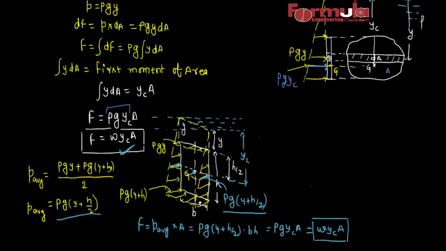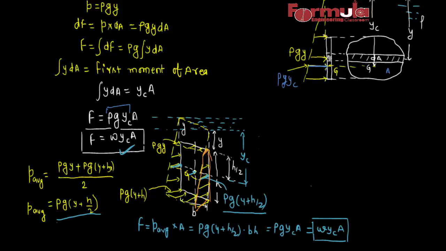This is a trapezium. So to calculate the volume, we can simply calculate the area of this trapezium, and then multiply it by the width of this plate to get the volume.